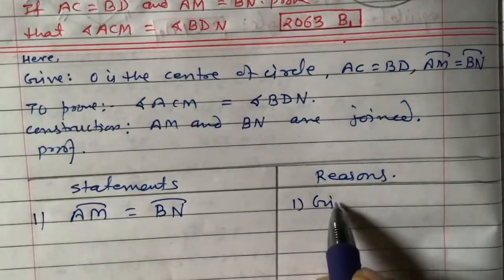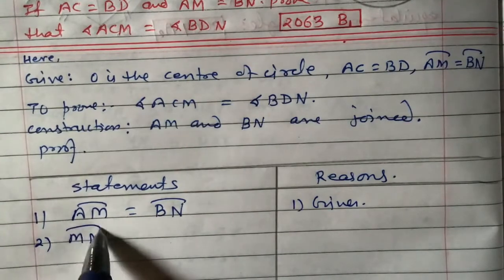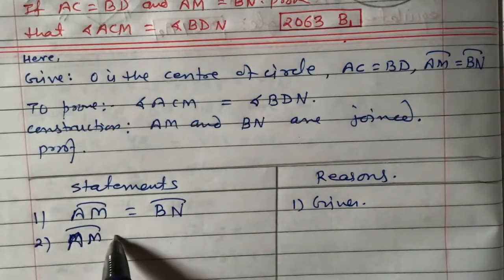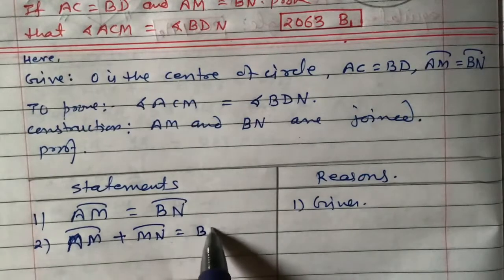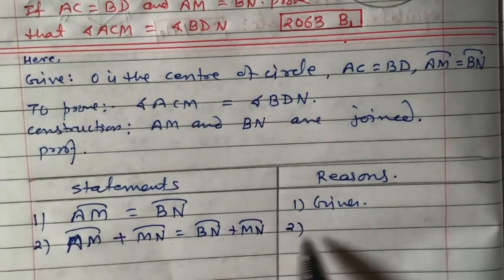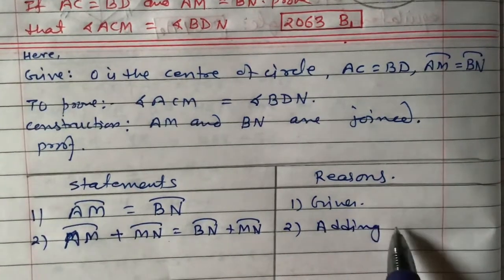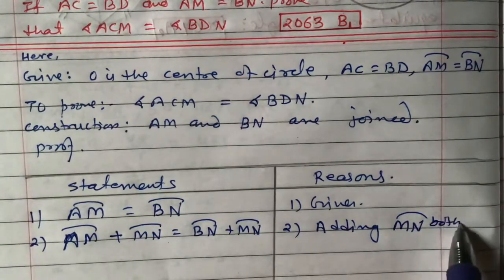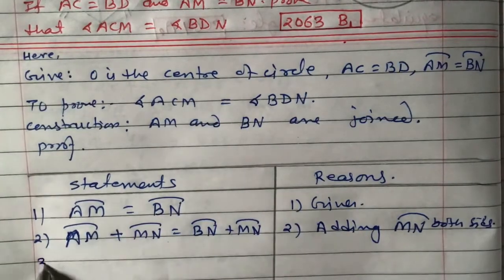Now in number 2, what will we do? Arc AM plus arc MN equals arc BN plus arc MN. We are adding arc MN to both sides.